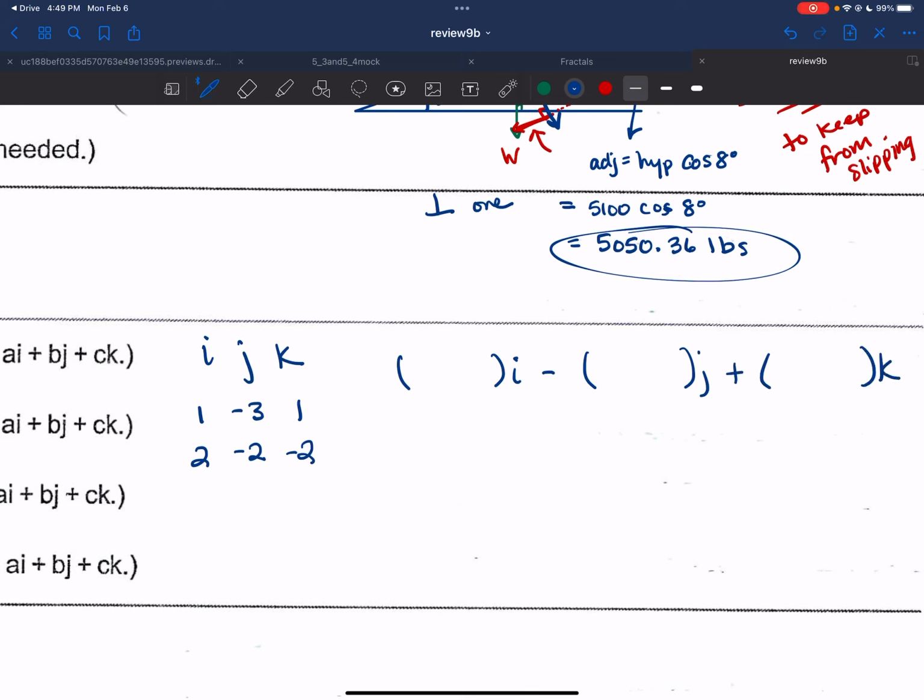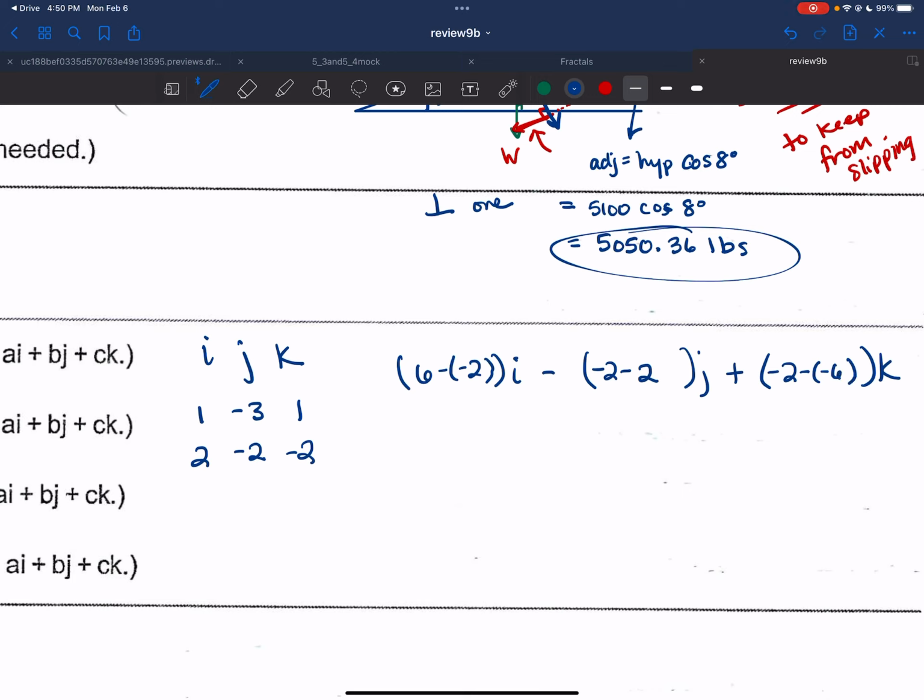Then my -3 times -2 is going to be 6 minus a -2. J is going to be -2 minus 2. And then K is going to be minus 2 minus -6.